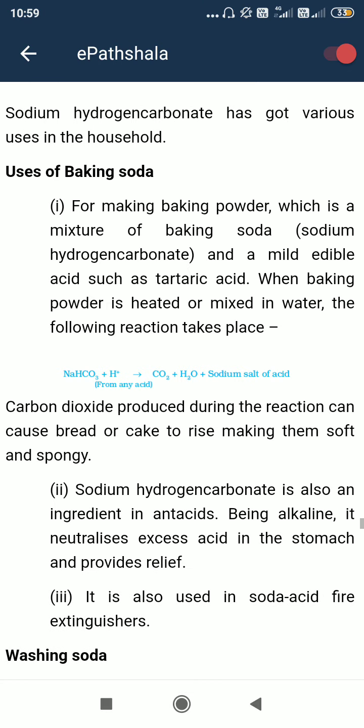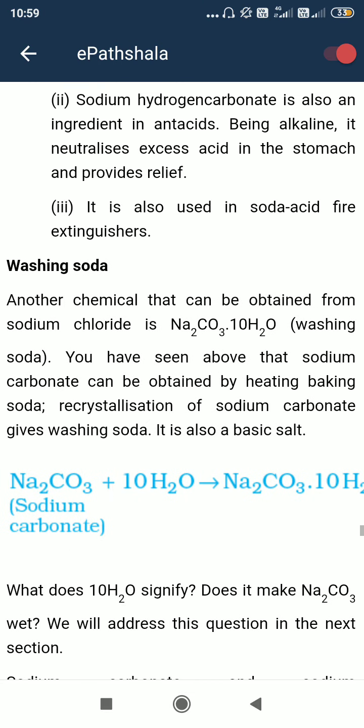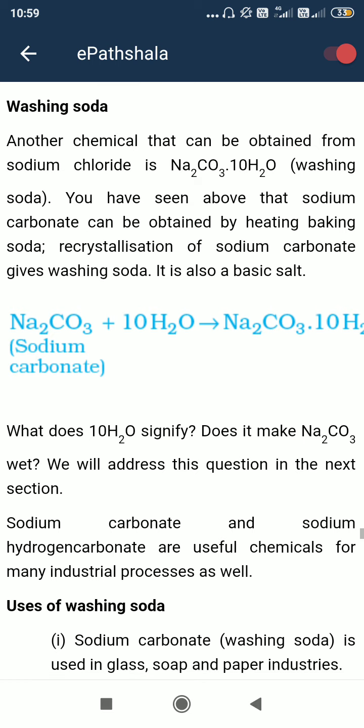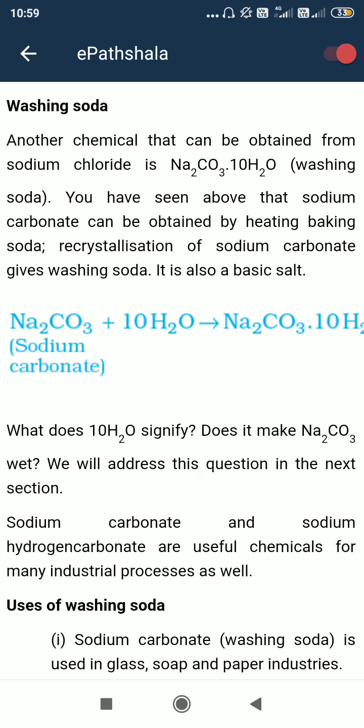In case of washing soda, the formula is Na2CO3, simply sodium carbonate, and 10H2O. Water molecules are also incorporated. So washing soda is Na2CO3, 10H2O.